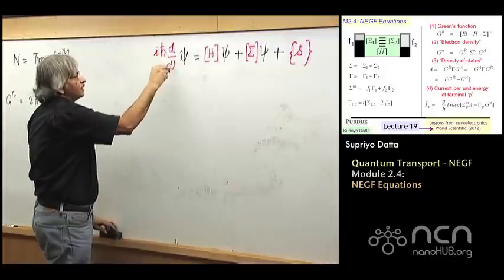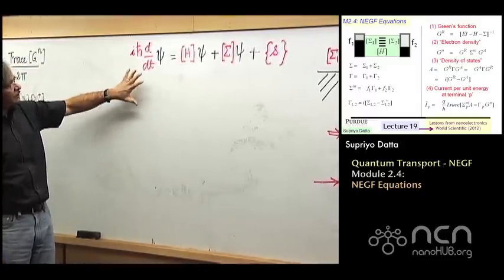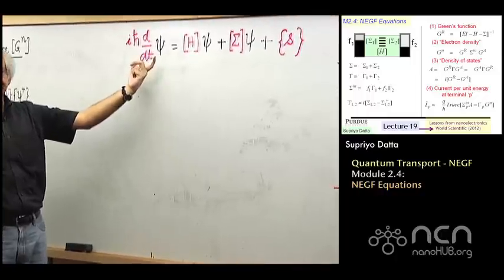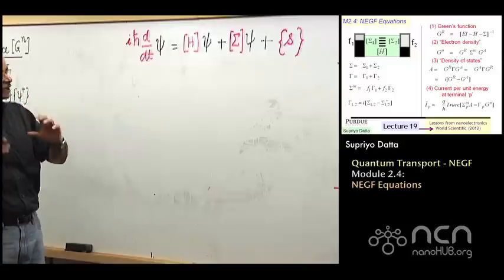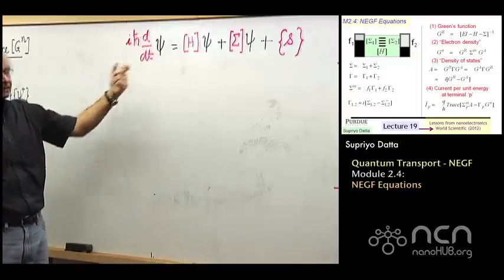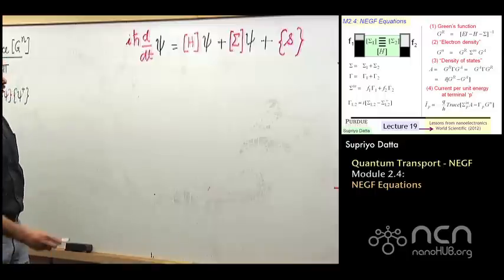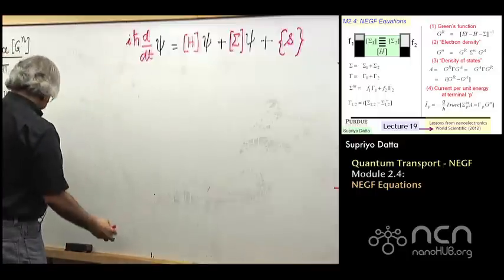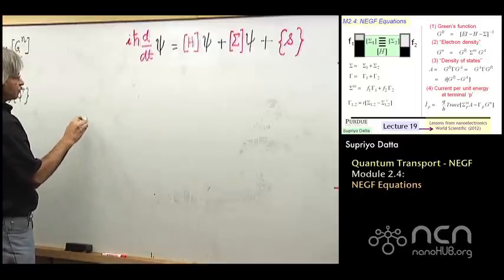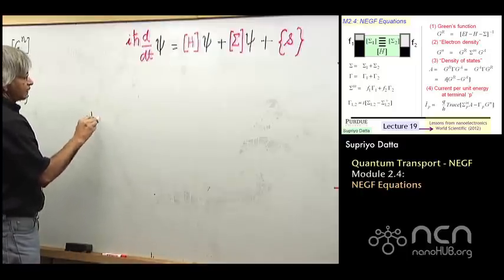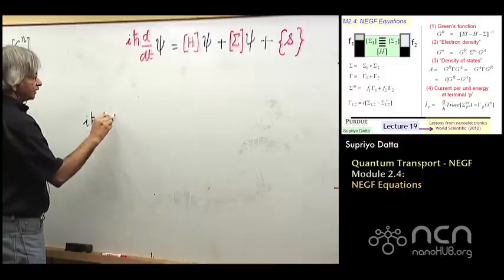Because if you start from here, then what you can do is obtain an expression for d/dt of psi dagger, which is like the current, because the rate at which the number of electrons changes is what you should identify with current. So what we want to do is calculate this quantity, i h bar d/dt of psi dagger.